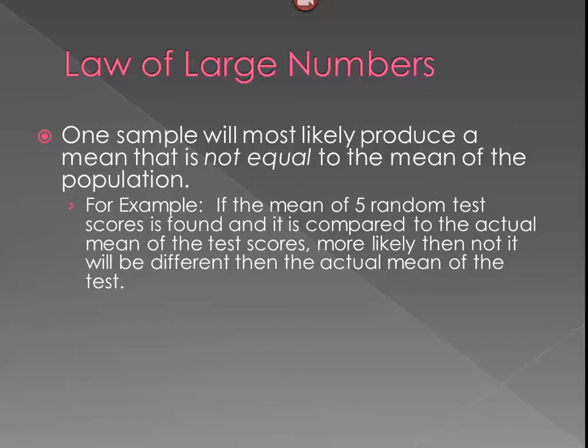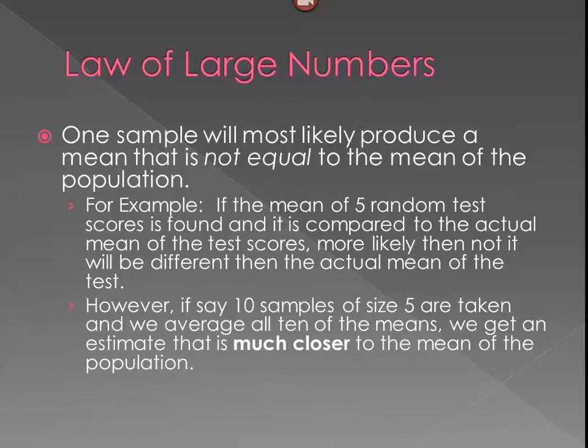In fact, we would actually be surprised if the sample we happen to pick would be equal to the true population number. But let's say I did this sampling of 5 tests several times, let's say 10 times. And if I were to take all 10 of those sample means and average all 10 of those out, we'd probably find that we're getting closer and closer to the mean of the population.